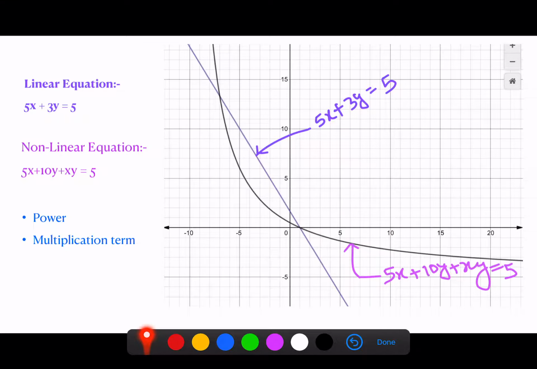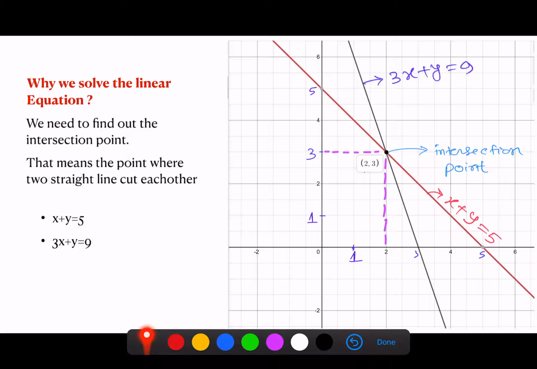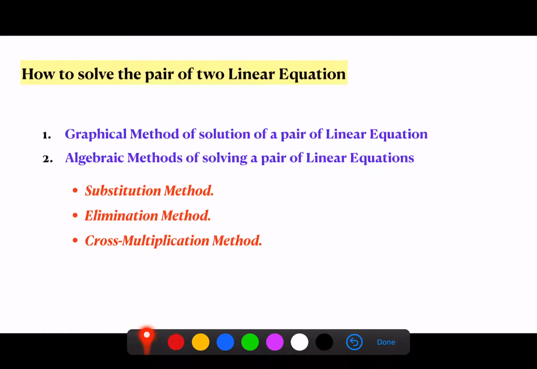Now when we solve these two linear equations, we get a single point, a single intersection point, and this point also lies on both straight lines.